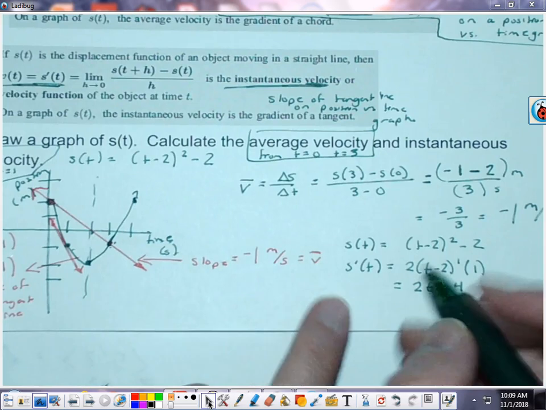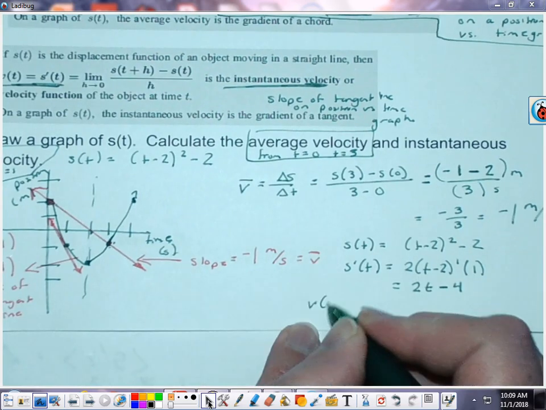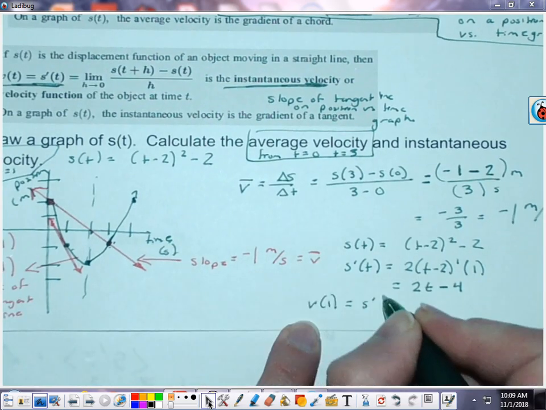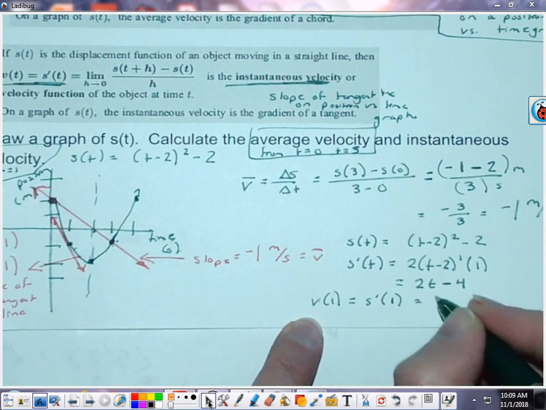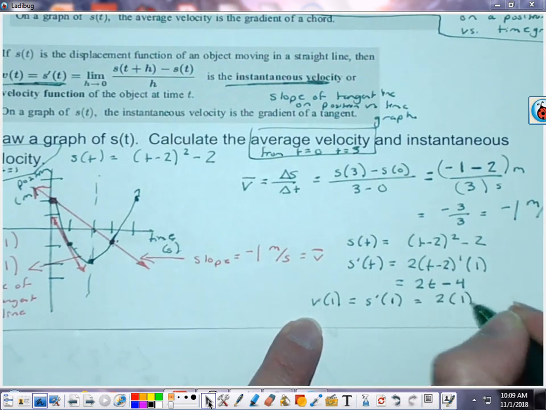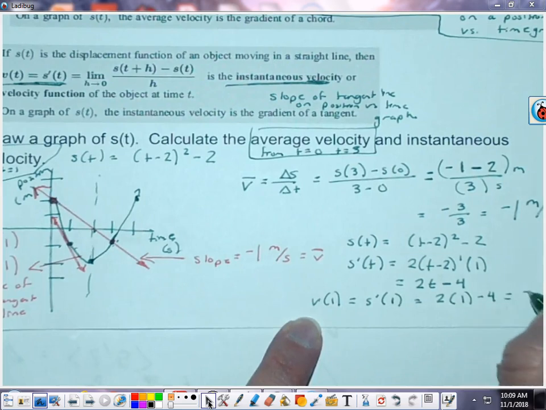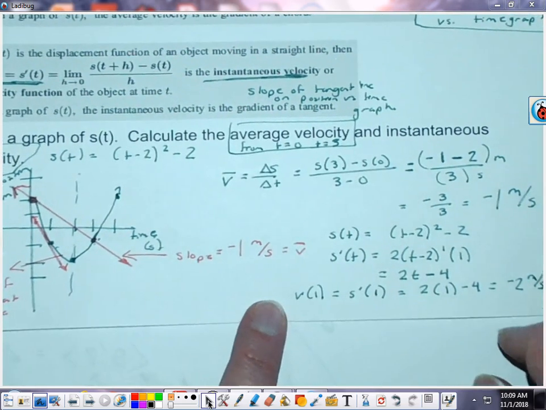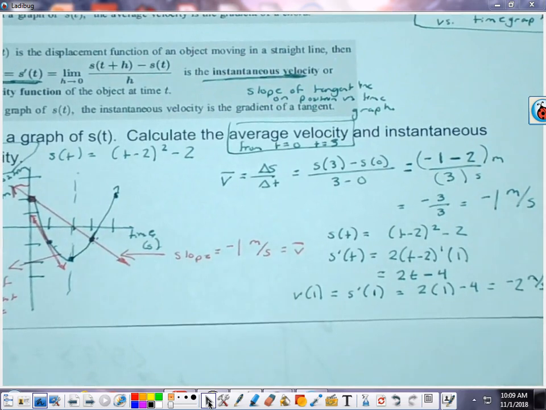And then I just want to know the velocity at 1, which is the same as s prime of 1. So it'd be 2 times 1 minus 4, so negative 2 meters per second, which seems reasonable based on my graph, because this graph seems steeper negative than the other one.